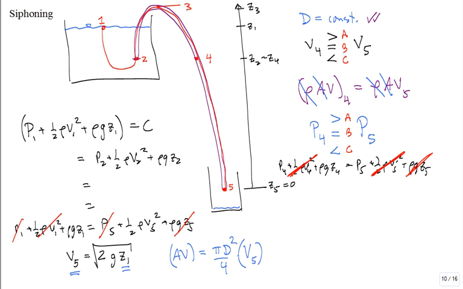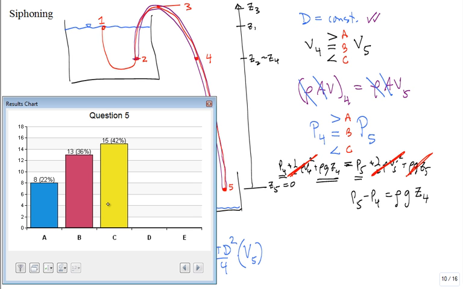We see that P5 is equal to P4 plus rho g times the height difference. The elevation at 4 is higher than at 5, so from this equation the pressure at 5 minus the pressure at 4 is a positive rho g Z4. So the pressure at 5 is greater than the pressure at 4.